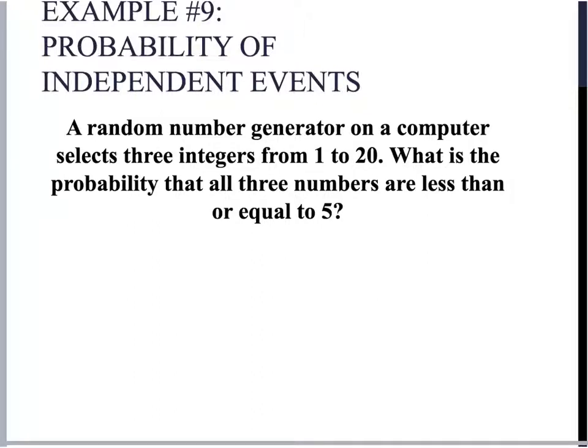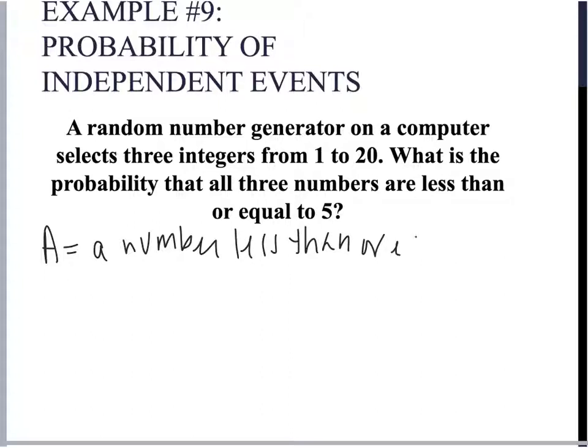All right, so let's start with the first one. So our event A is a number less than or equal to 5. And so what that gives me, numbers that are less than or equal to 5 are 1, 2, 3, 4, and 5.